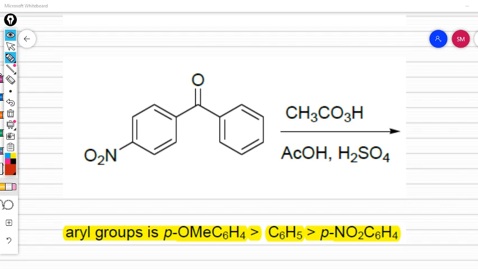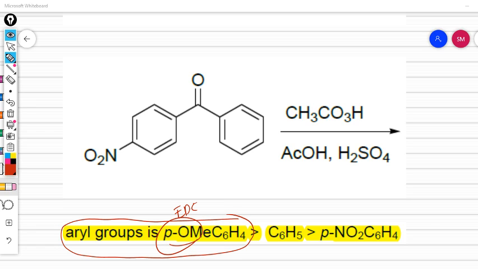Now we have seen the alkyl systems. If I consider the aromatic systems, the migrating tendency of aromatic systems with electron donating groups, or electron excess groups, will be more when compared to withdrawing groups.